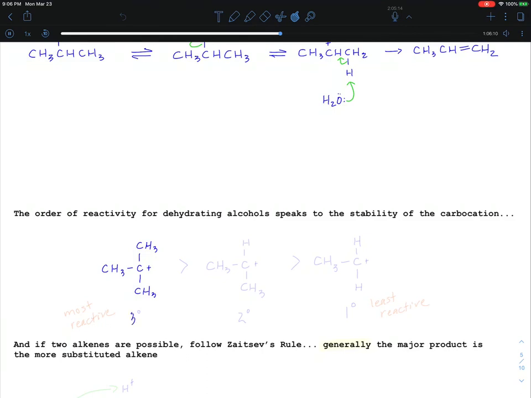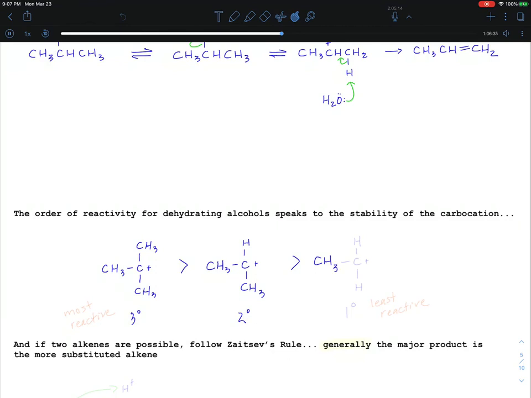So a tertiary carbocation is going to be more reactive than a secondary carbocation. If I take one of those R groups away, I have a secondary carbocation, and then a primary carbocation is not going to be very stable at all, right?